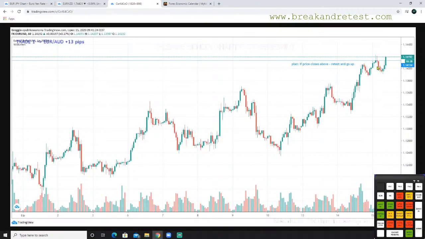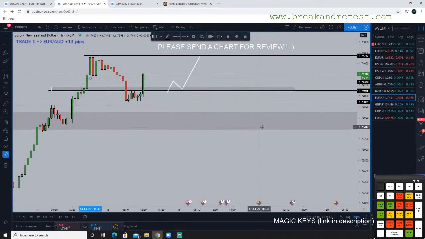If price closes above, retest to continue up. That might work. That might work too, but I would feel more comfortable if we had more rejections at this level. Then I'll be confident enough to take it.